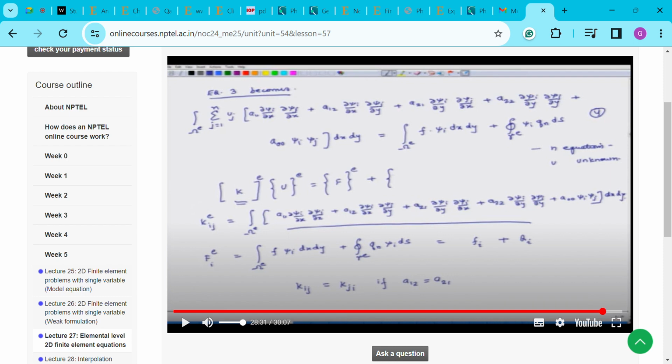And here he also told that this is the condition for symmetricity. For bilinearity, the coefficients A11, A12, A21, A22 shouldn't be functions of U or W. That's it. And they also need to be equal?